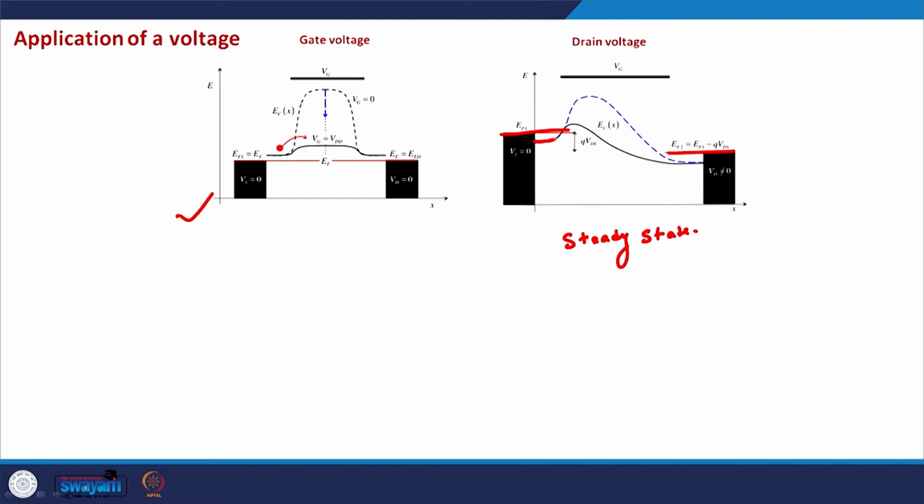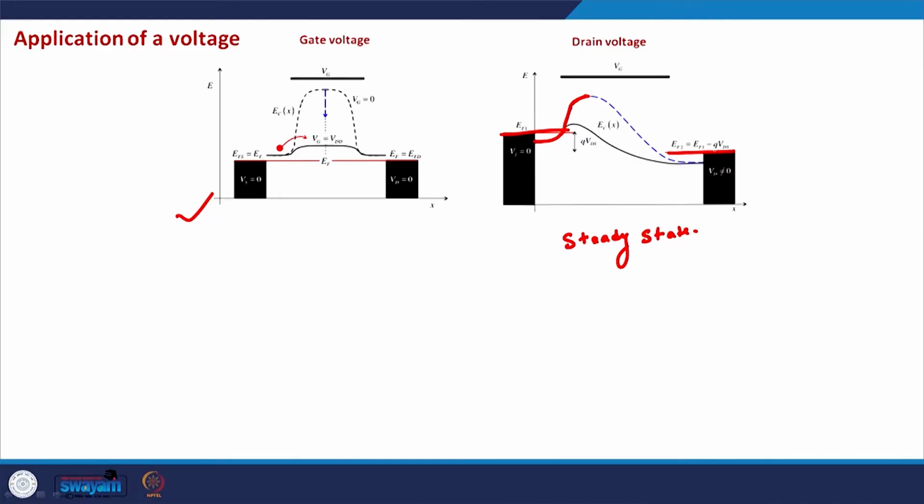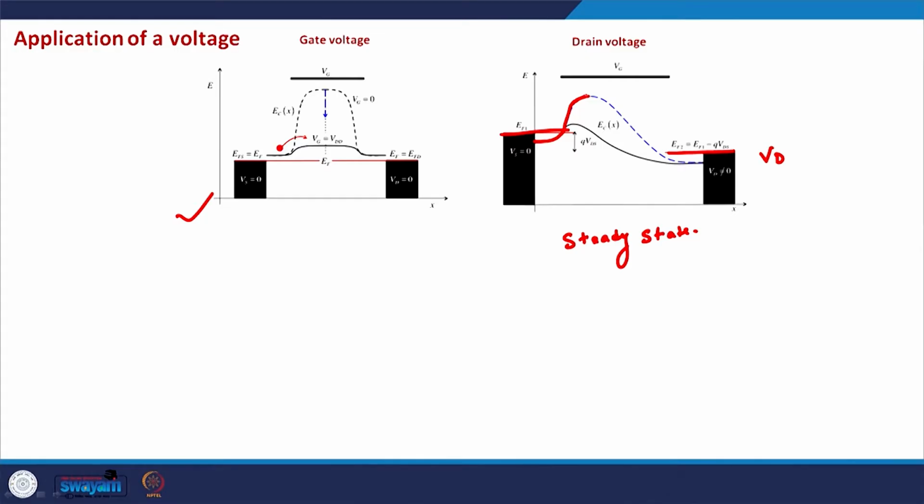The application of a drain voltage does not change the barrier height in an ideal MOSFET, and in conventional MOSFETs it does not actually change the barrier height, because on the source side the voltage is still 0, and on the drain side the voltage is Vd, let us say. This barrier height depends on the voltage across the channel, and on the left side of the channel the voltage is still around 0, so that is why this barrier height does not change.